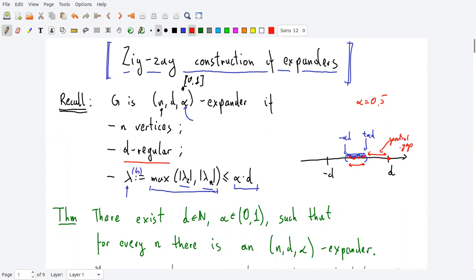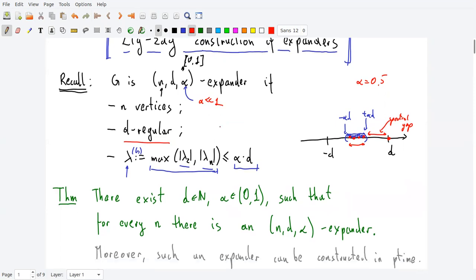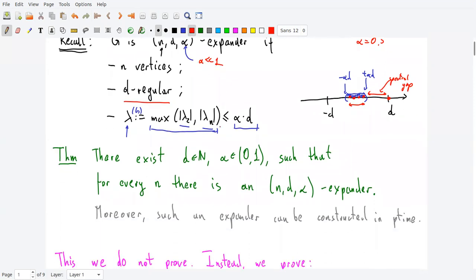So we are interested in constructing (n, d, alpha) expanders, where alpha is significantly smaller than 1, because this will give us good spectral properties of the graph, which will translate to good combinatorial properties, such as rapid mixing of the Markov chain, of the random walk on the expander, or good edge and vertex expansion.